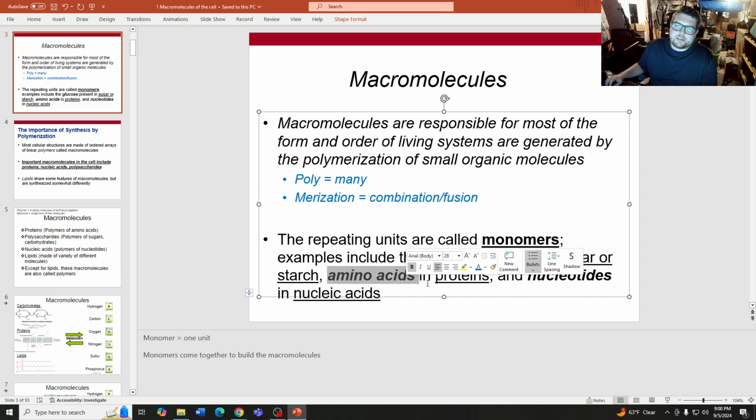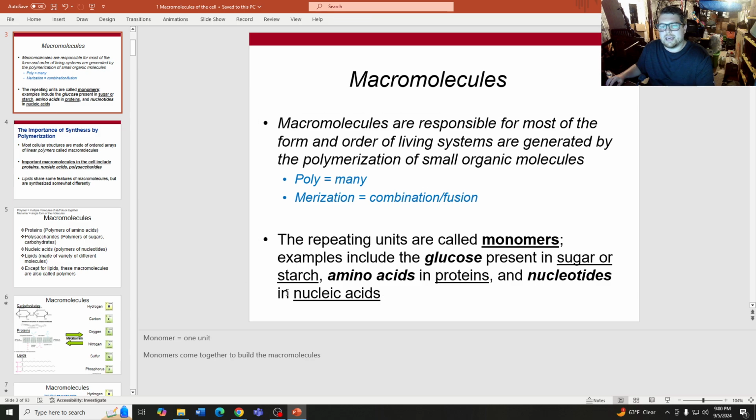Amino acids come together. An amino acid is the monomer, and it is polymerized to form proteins, and nucleotides are all strung together to form nucleic acids. And we'll look at each of those individually throughout this PowerPoint.